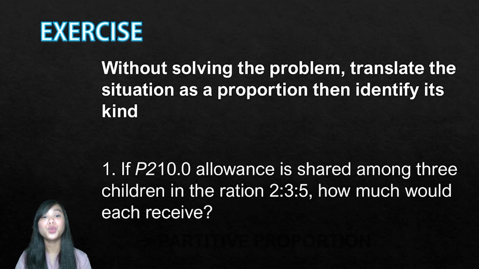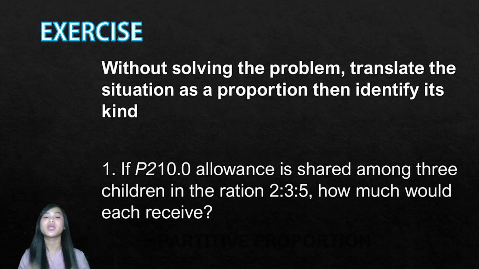If 210 pesos allowance is shared among 3 children in a ratio 2 is to 3 is to 5, how much would each receive?